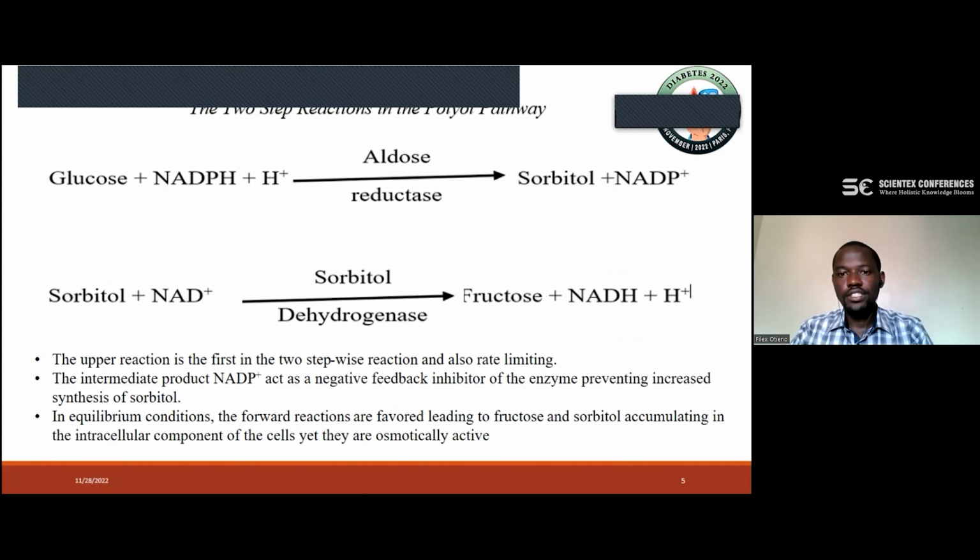So at the end of it, you have fructose and a mild amount of sorbitol and glucose accumulating within the cells, which are osmotically active. In the end, they cause swelling and development of these complications: neuropathy, nephropathy, and retinopathy.